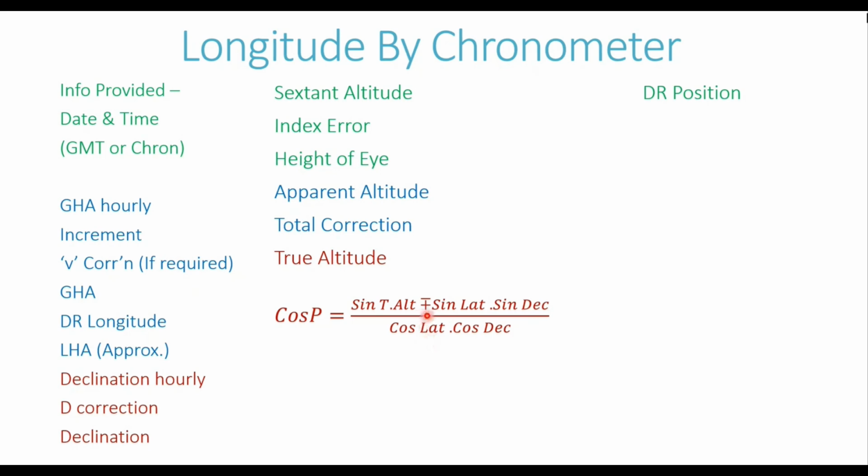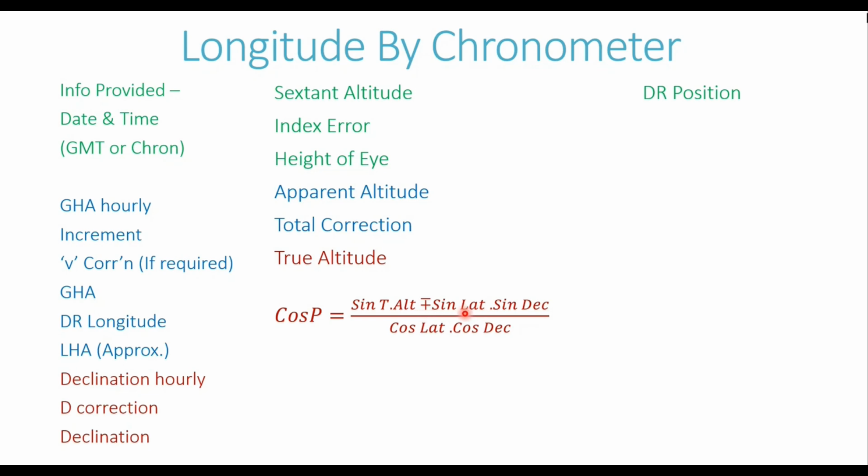And the lower symbol is used when latitude and declination are of opposite names. So when latitude and declination are of the same name, we use the upper sign, which is a minus. When they are of opposite names, we use the lower sign, which is a plus.